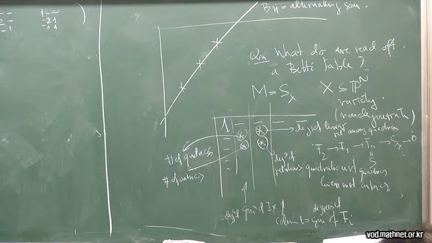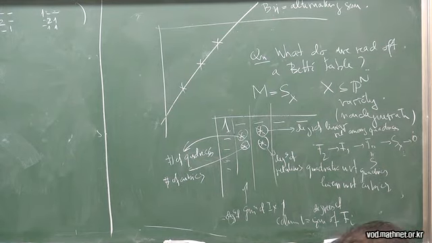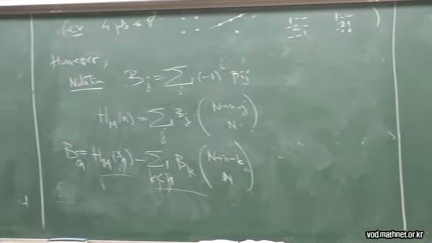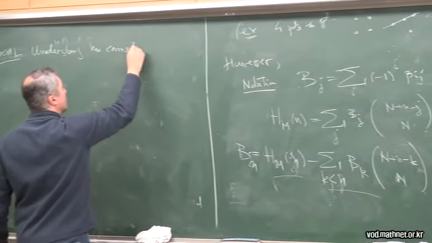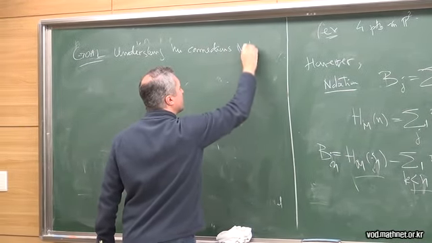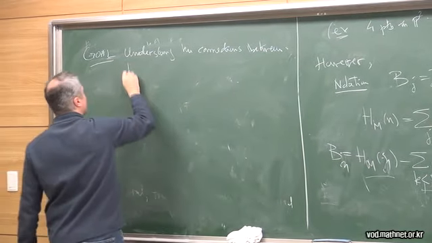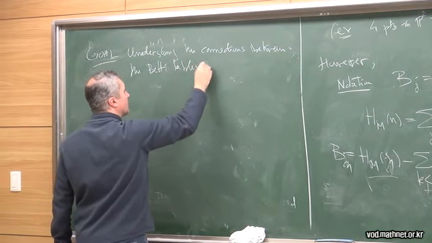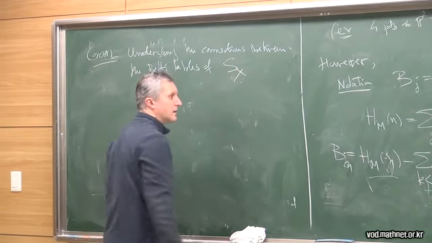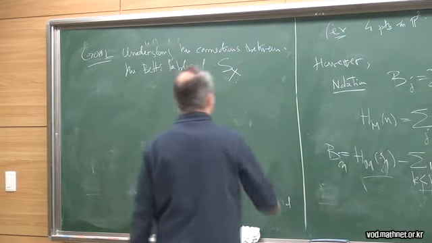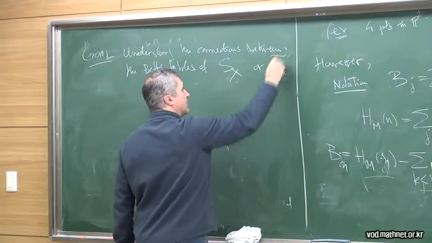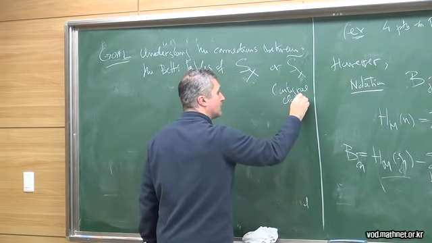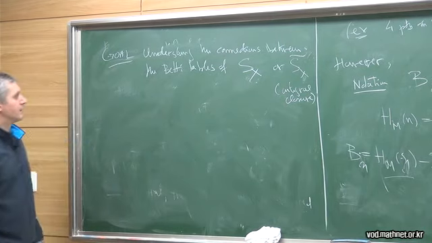So the main goal is to understand the connections between the Betti tables of either Sx, which are coordinate rings, or Sx twiddle, which are the integral closures of coordinate rings.